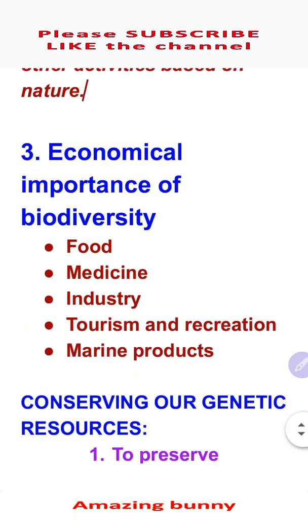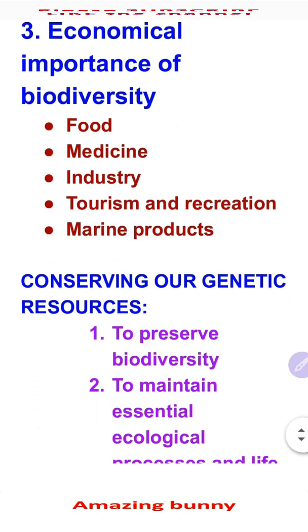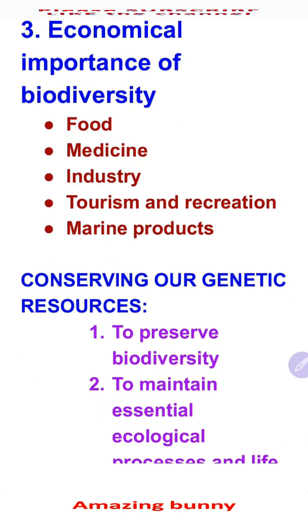Next is the economical importance of biodiversity. In this section, we'll learn how biodiversity is important as far as the economical aspect is concerned. First is food. As we know, food is an important commodity provided by biodiversity, and both animal and plant products are utilized by human beings as food material.